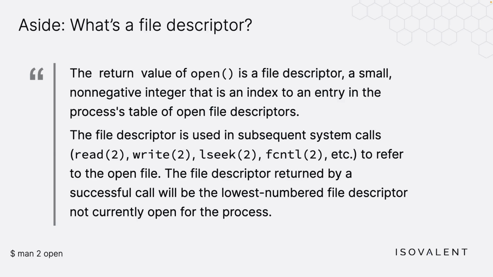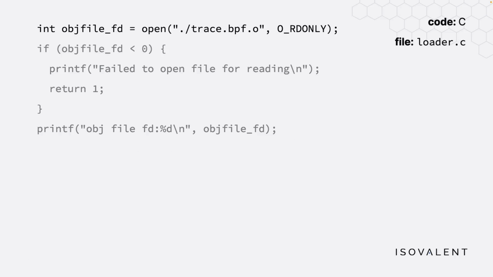When you open a file from a Linux process, what you're actually doing most of the time is getting a file descriptor to reference that file in future syscalls. Typically speaking, the first file you open will get a very low number because it's sequential, and things like stdin and stdout are also file descriptors. But we will get an FD to the object file.